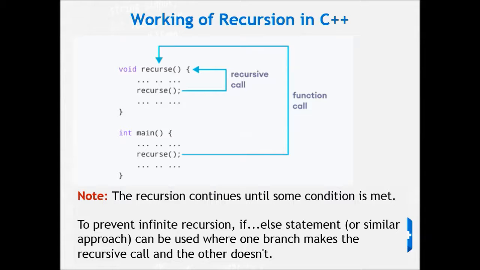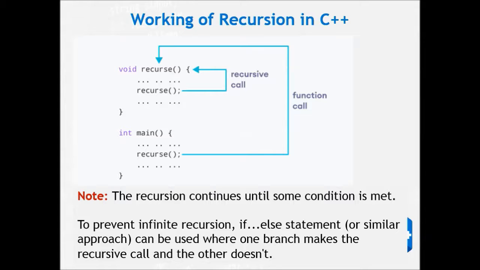In the main program we call this recursive function, and when the compiler reads the recursive call in the main program, control goes to the recursive function. In the body of the recursive function it finds the same function call again, so it goes back to the start of the recursive function.